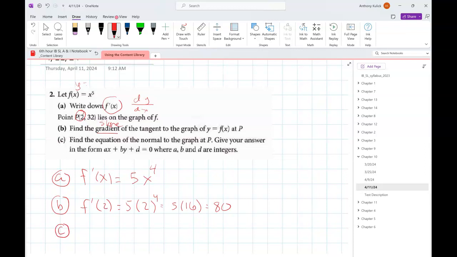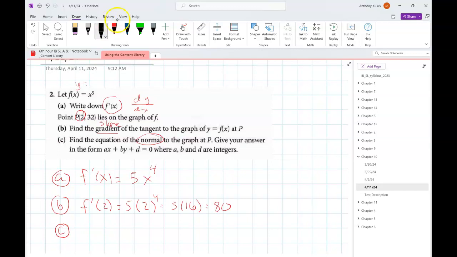Part C says find the equation for the normal to the graph at P. Give your answer in the form ax plus by plus d equals 0, where a, b, and d are integers. What does normal mean? Not average.